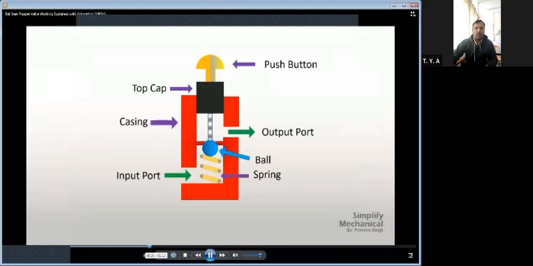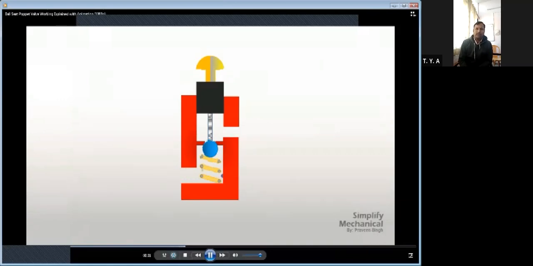Okay, this is a poppet valve. You can see the inlet port and outlet port. Just see on screen.